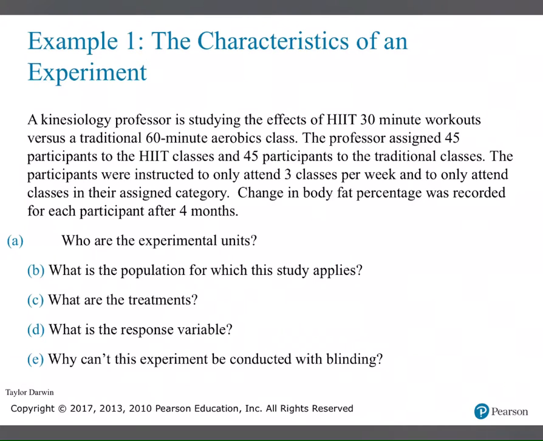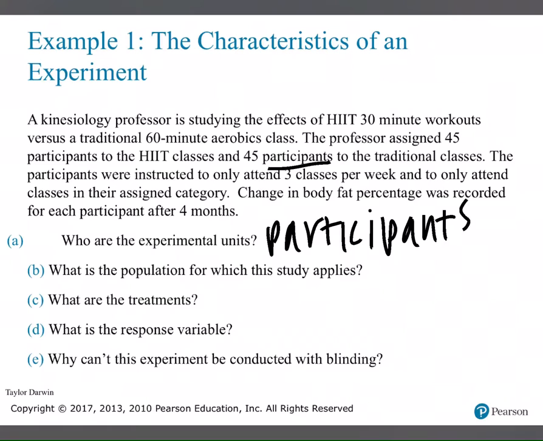So it says, who are the experimental units? The participants, the 45 participants. What's the population? I'm going to reach a little bit here, and since he's a professor, we're talking about students. So population, I'm going to say all students. That's reaching a little bit. What are the treatments?